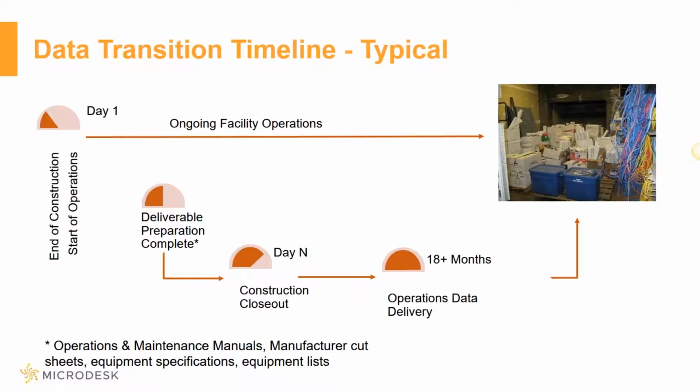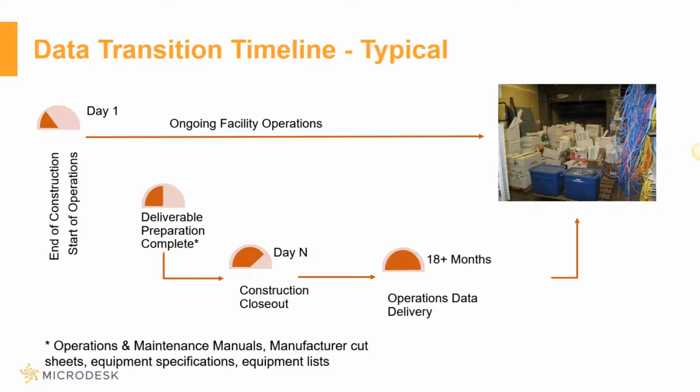At about 18 months, we have the operational data delivery. Some organizations have said that this number is closer to 12 months, and some have told us that this number is closer to 30 months. So 18 months is sort of a sweet spot for organizations where they receive the data that was prepared by the general contractor.